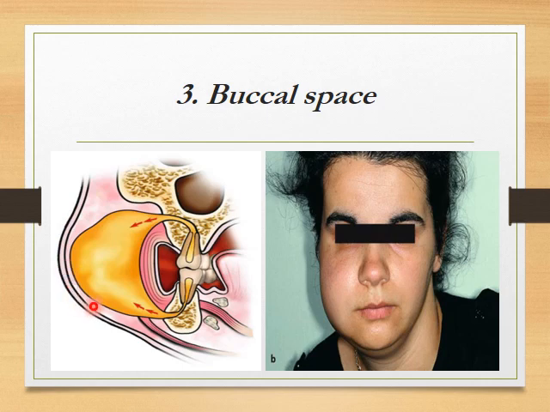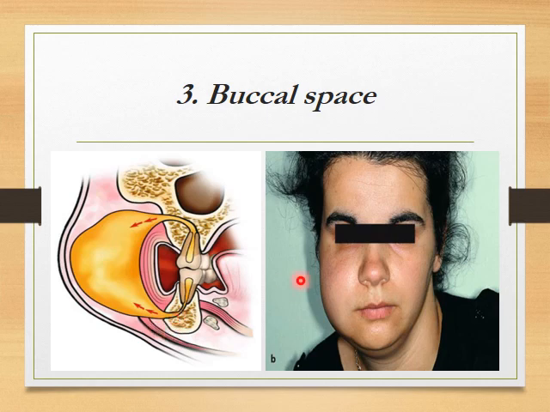The zygomatic arch forms the superior aspect of this space and the lower border of the mandible the inferior aspect. So medially buccinator, laterally the skin, superiorly the zygomatic arch, inferiorly the lower border of the mandible.